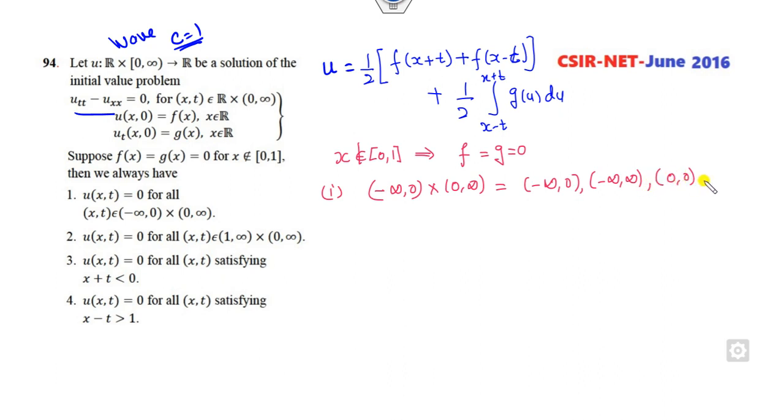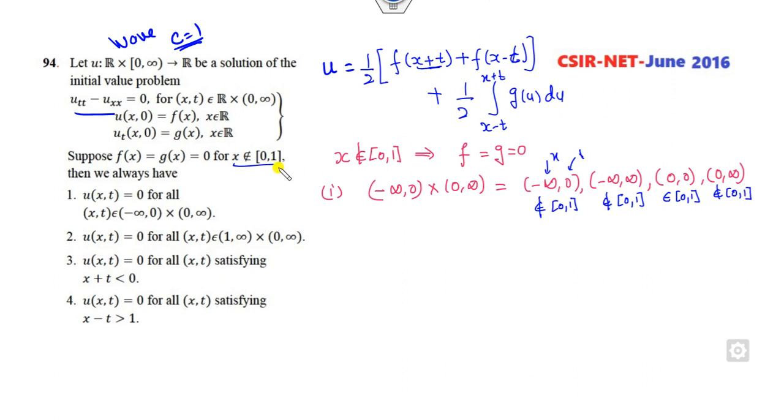This is the pair and this is the pair. Now for the first case, x plus t, the first value is x, the second is t. You have to check whether it belongs. So when you add them, it will not belong to (0, 1). It will not belong to (0, 1). It belongs to (0, 1). It will not belong to (0, 1).